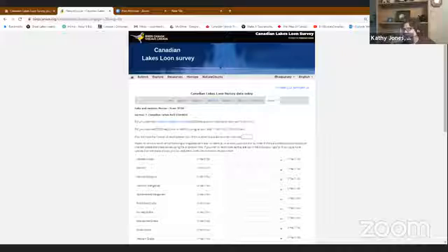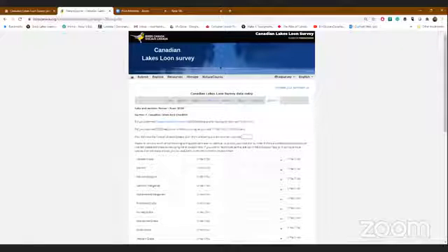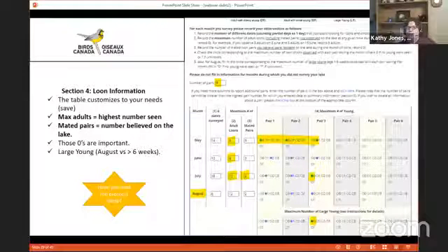Those are very important. And another question is, how long is a survey? If they scan the lake for 5 minutes, does that count as a survey, or do they need to spend a certain amount of time? It all depends on the lake. You need to remember that this is designed predominantly to be done with your other activity. So it all depends on the size of the lake, the size of your area you're surveying. If you are confident that you have seen all the loons in your survey area, you're done.